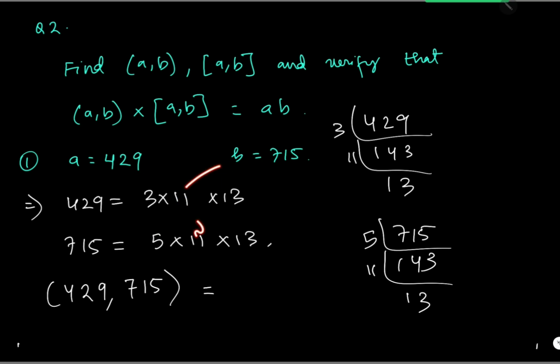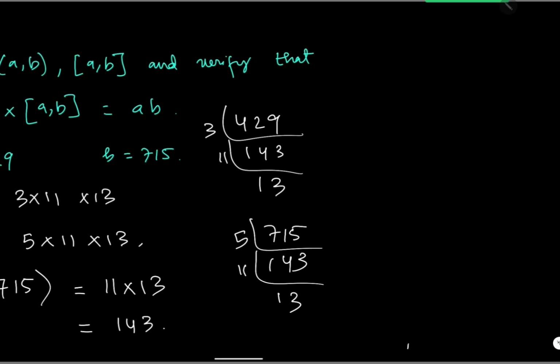We can find 11, 11, 13, 13. So we will take 11 and 13. The product of 11 and 13 is 143. That means our HCF is 143.